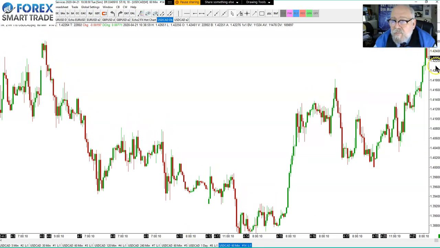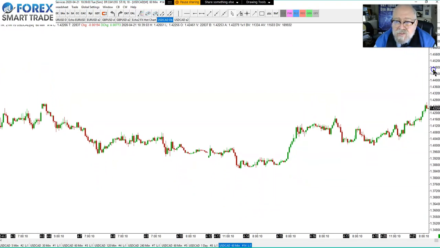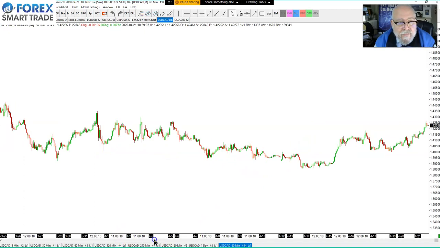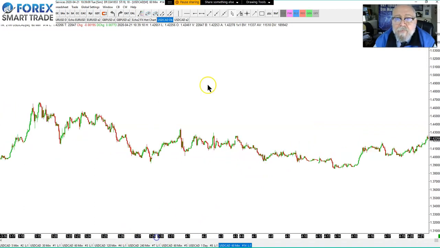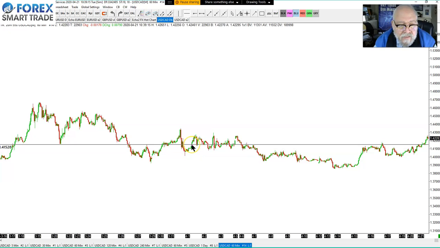So I'm going to crunch him up and then try to lay some support and resistance on this guy so I can see where the natural stops are. So take my horizontal line, and I am looking for spots where it seems to naturally stop.